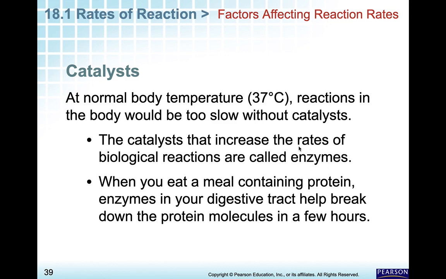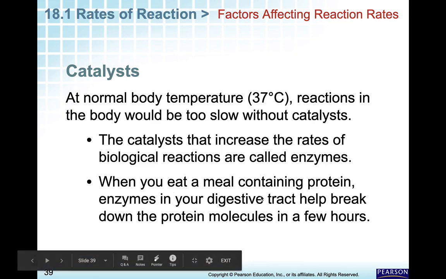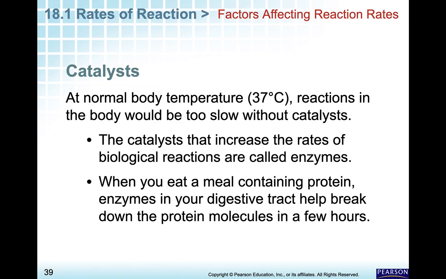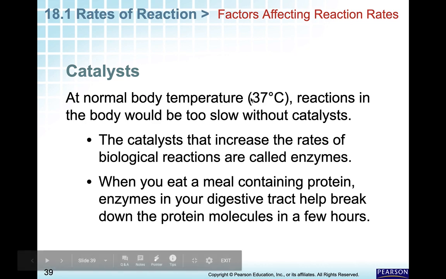They're the same thing, we just have a different name for them when they're biological. So these enzymes are catalysts that act in your body or in other biological systems. For example, you have a lot of digestive enzymes that allow you to break down protein or other food molecules in a matter of hours instead of having to wait out the really slow reaction rate that would be natural at our fairly low body temperatures.